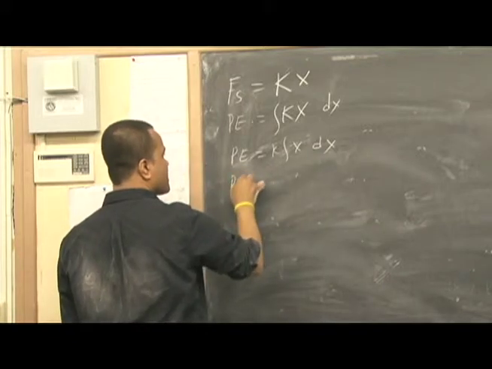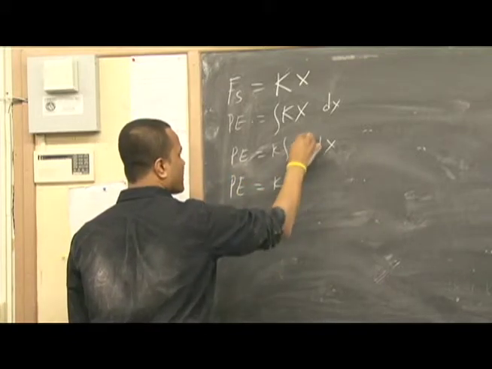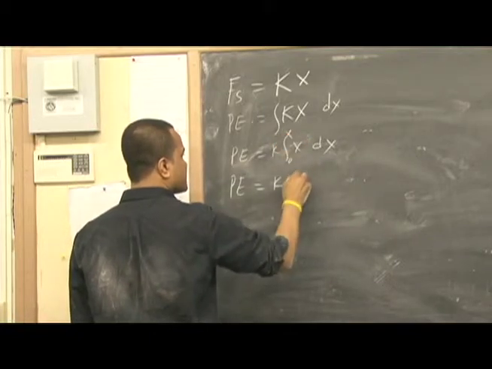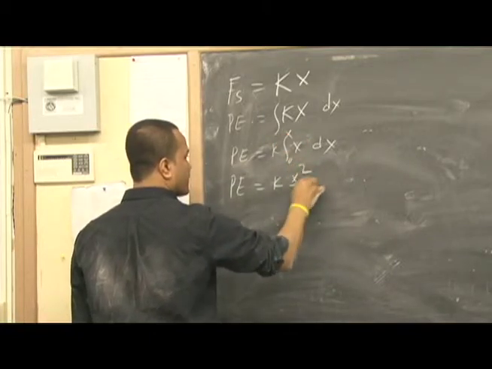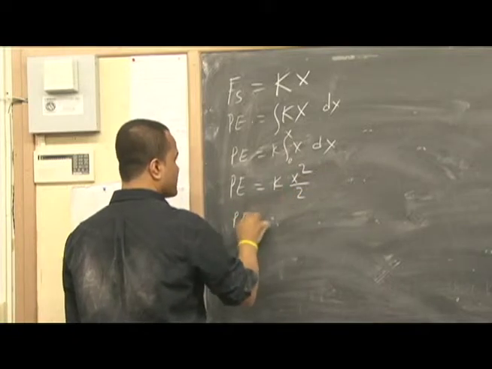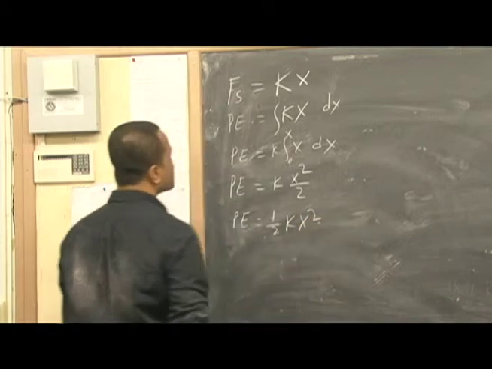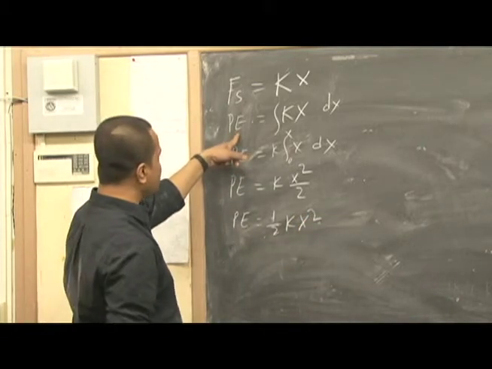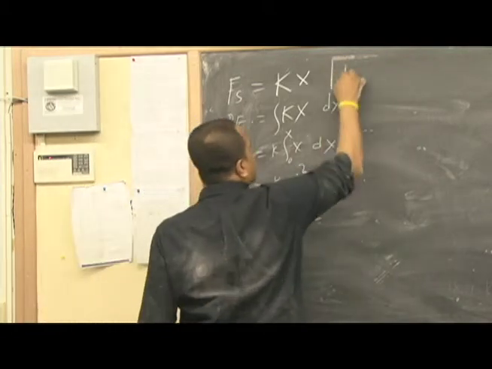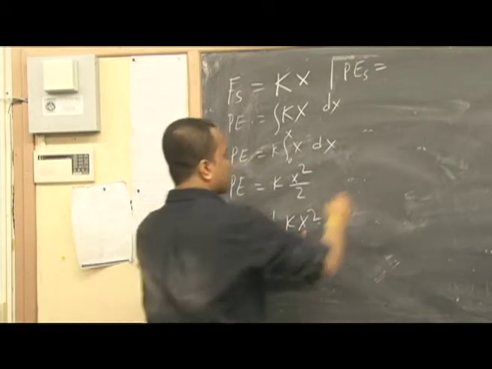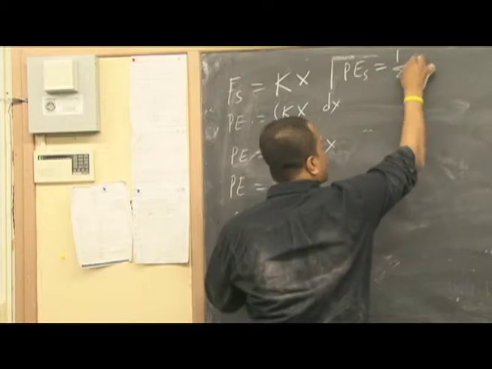So Pe is just k, integral from 0 to x, which is x square over 2. So Pe is half kx square. So the potential energy of a spring is half kx square.